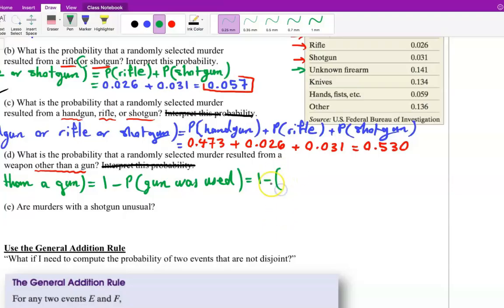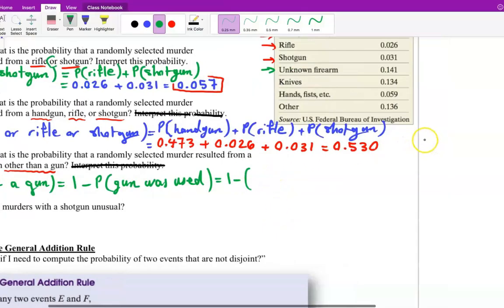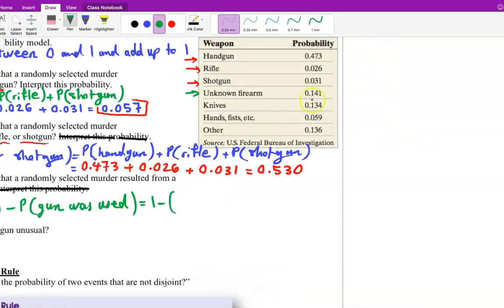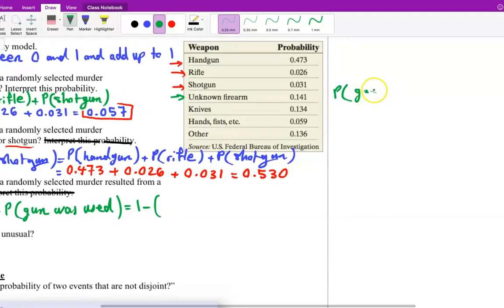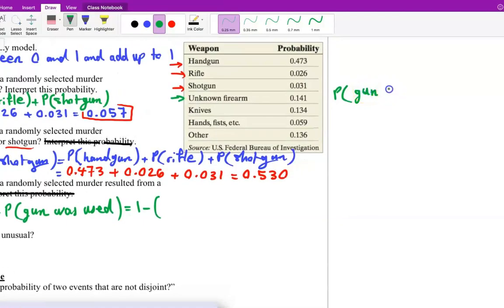So let's write that here. What that is, probability of gun was used.